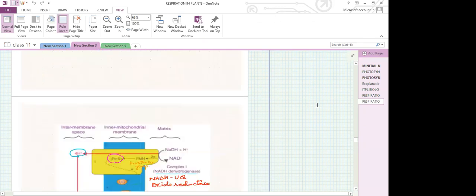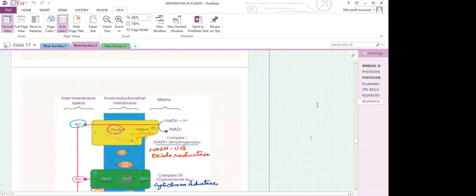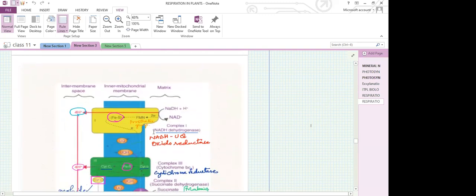Are you understanding? So where this happens, you can see this is the matrix, this is the inner mitochondrial membrane. What name is given to the inner mitochondrial membrane? What name do we give it?